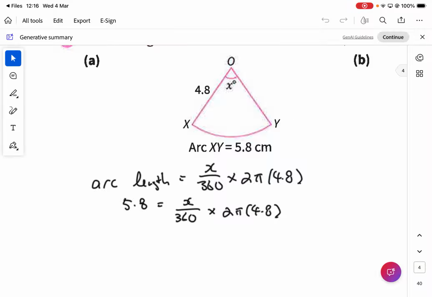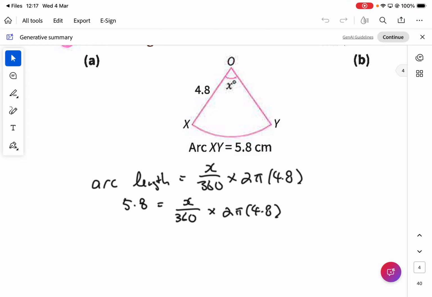How come I cannot write one? .8. What is happening? 5.8 is still 5.8.